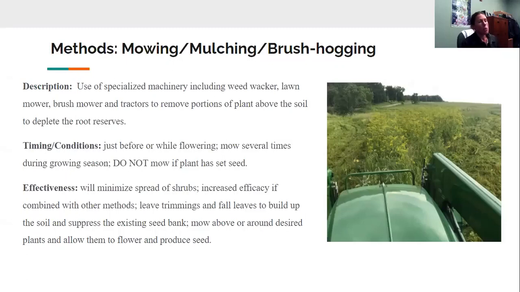And also, if you mow above or around desired plants and allow them to flower and produce seed, or you go ahead and put some seed down, such as clover, which is low growing, and allow that to grow, that will provide competition for the invasive that you're trying to manage.